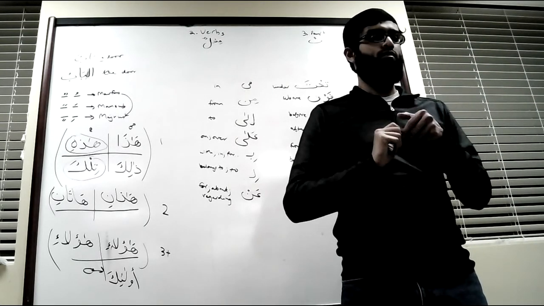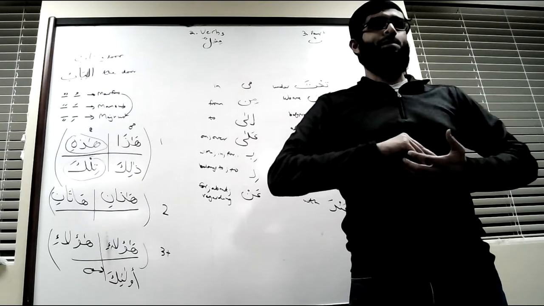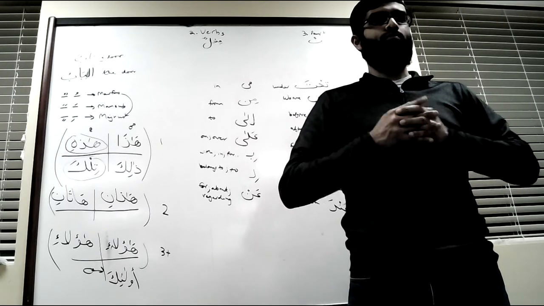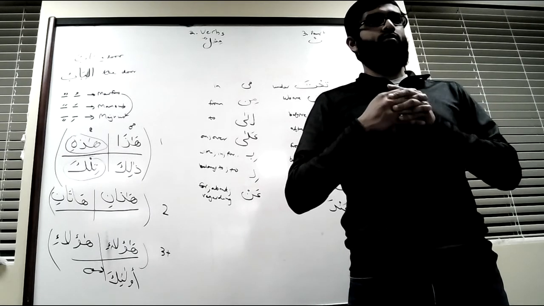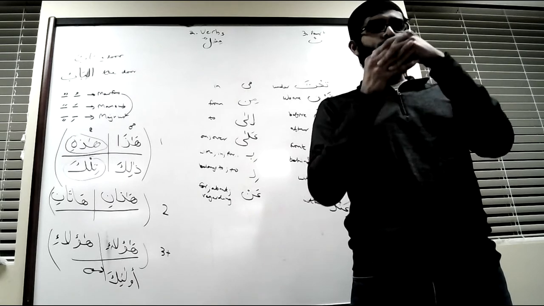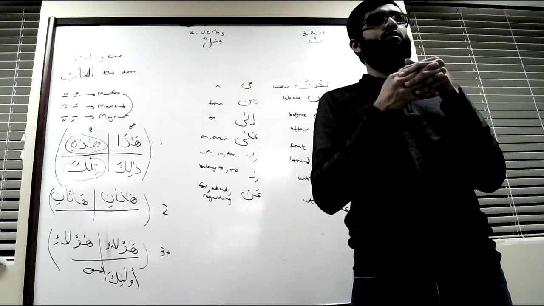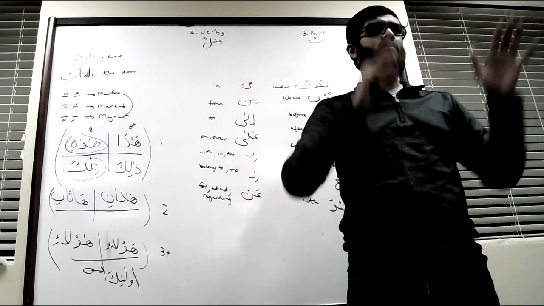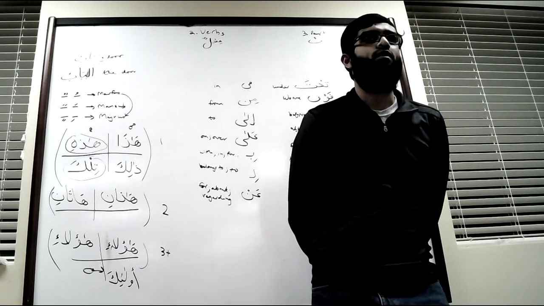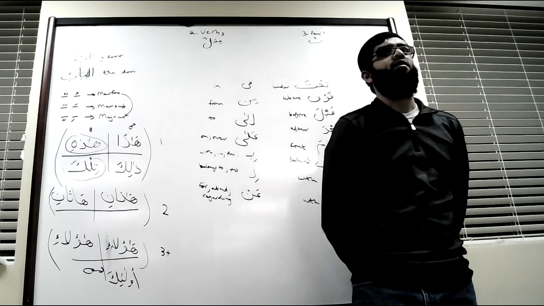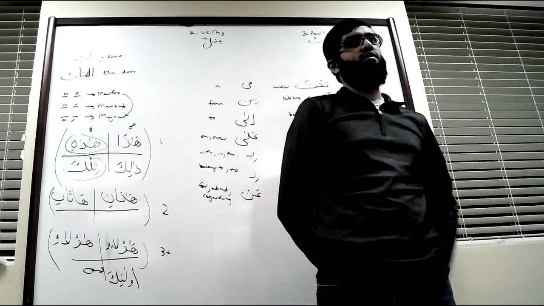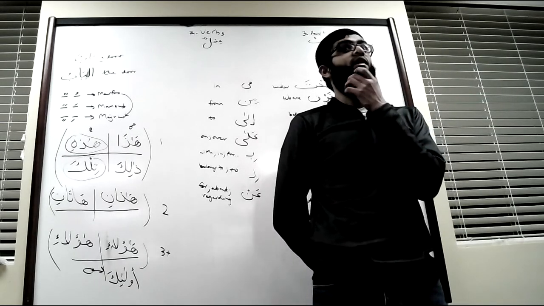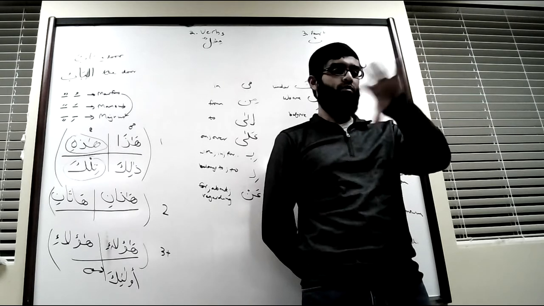Good. Now second person, you. Anta. And then two of you, antuma. And then three or more. Someone help him? Antum, right? So three or more is antum.